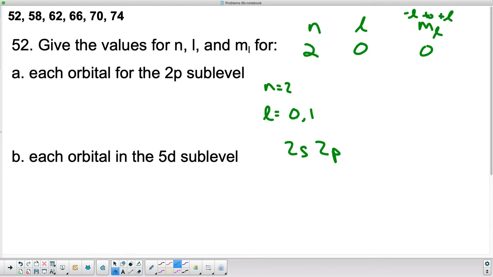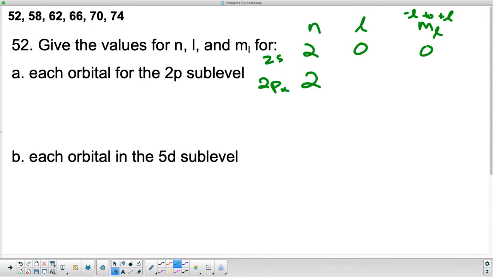Okay? Now that's the one orbital. So what you see there is the 2s. 2, 0, 0. Good.